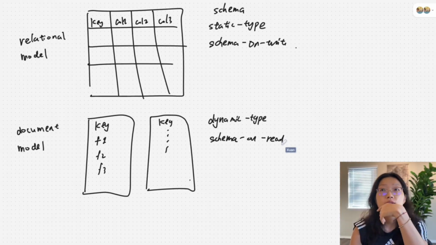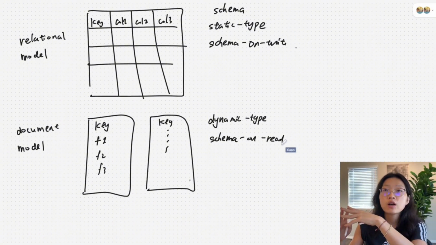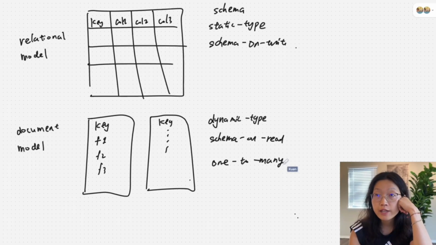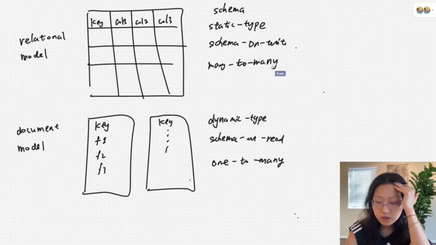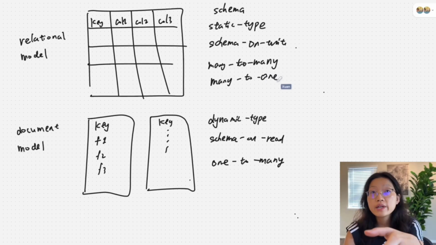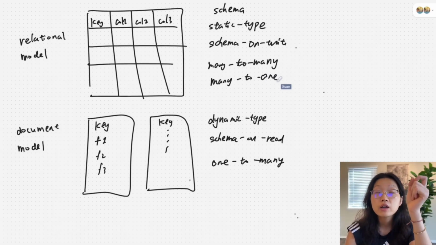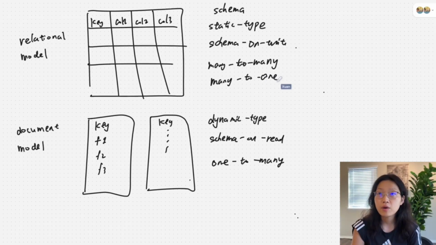Another difference is that document model loads everything in one document. Whereas if your data requires joins and is relatively interconnected, then you want relational model, for many-to-many and many-to-one relations. So joins are more expensive for document model compared to relational model. An example is a LinkedIn profile. In order to load your profile page, you can either store it in a document model or in a relational model.